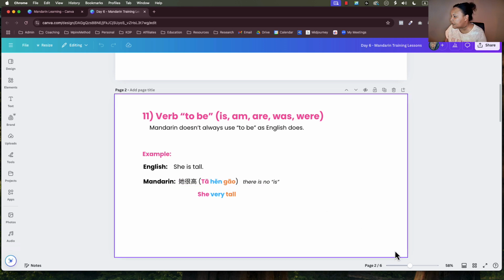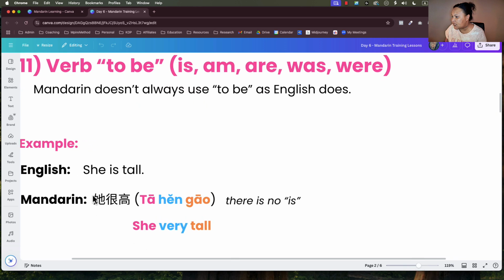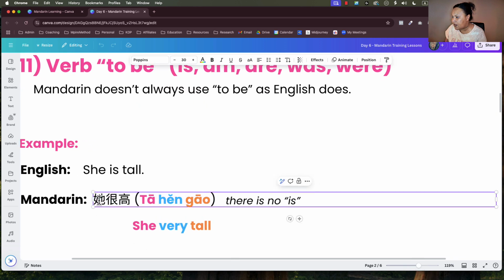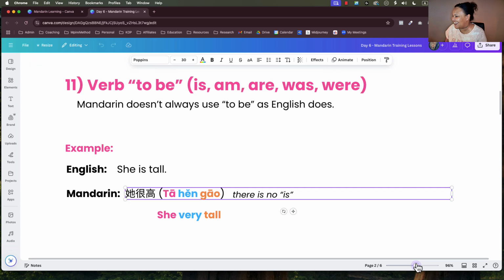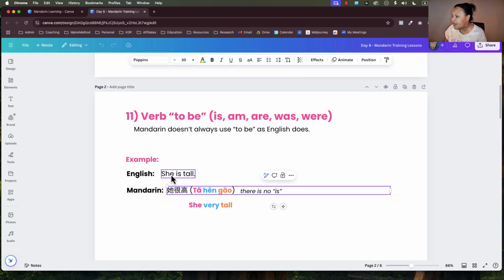So if we look at this, we see the female symbol right here in the front of that ta. It's still pronounced ta, but we see that girly symbol here. That's what I call the girl symbol. Okay, so we know it's she then. If it was the guy looking symbol, it would be he.